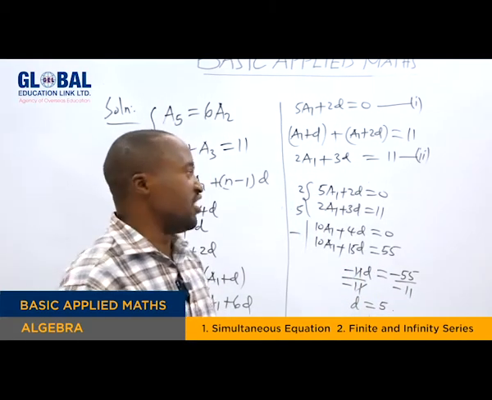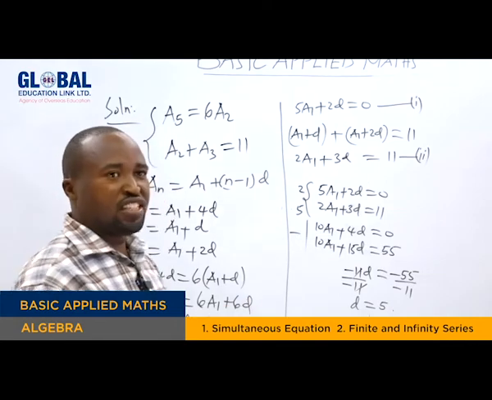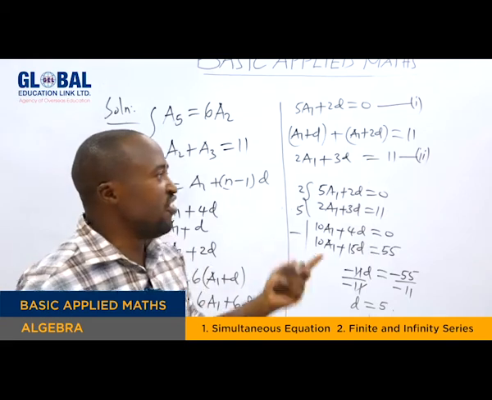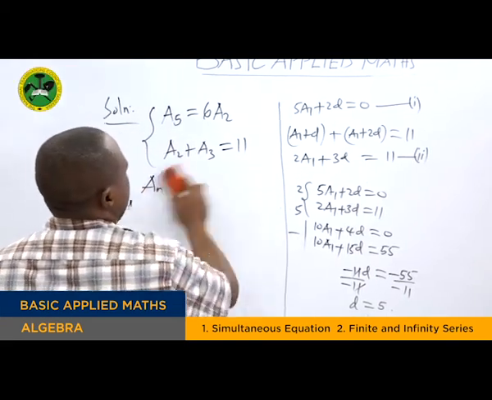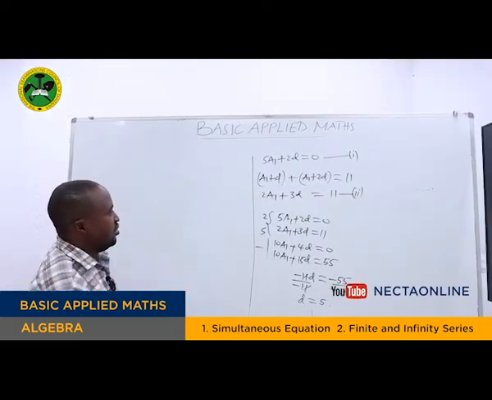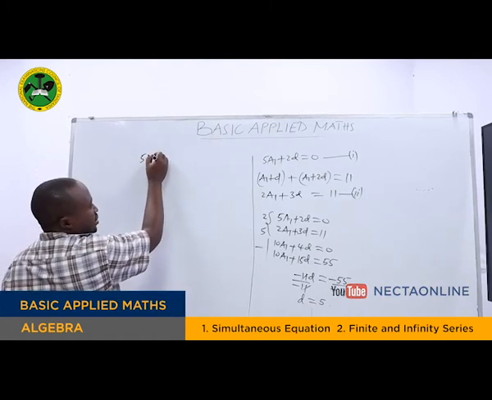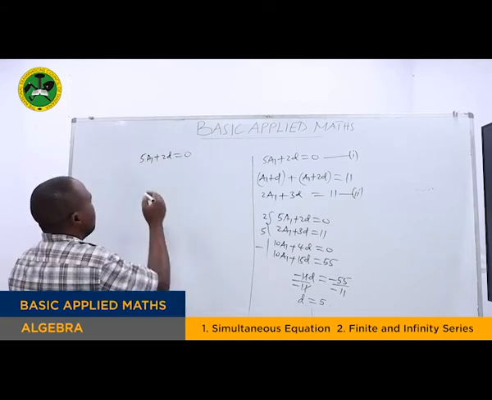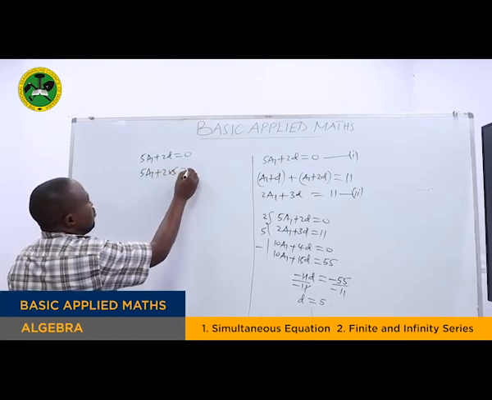So we have the common difference. Now, what about the first term? We just choose either equation 1 or equation 2, and it is going to give you the first term. So let us use equation number 1, that is 5a1 plus 2d is equal to 0. Remember, we have d, so we substitute: 5a1 plus 2 times 5 is equal to 0.